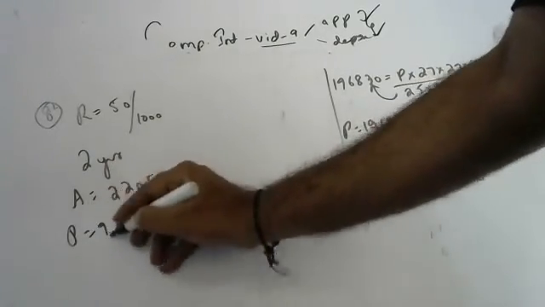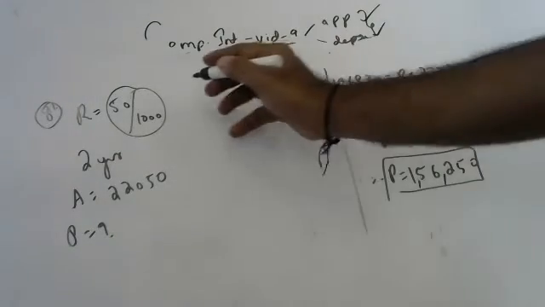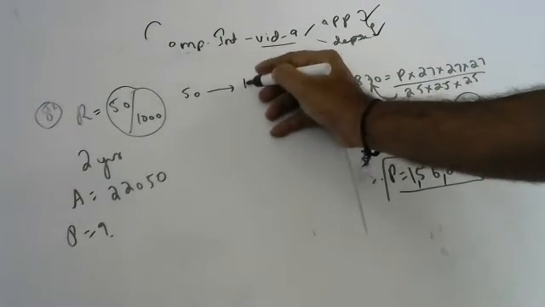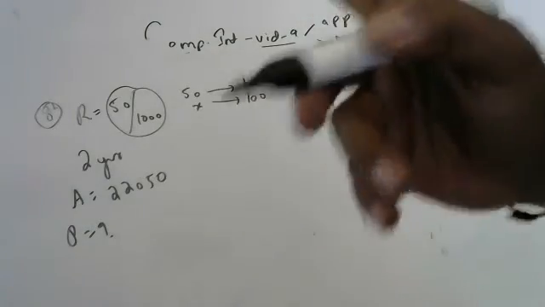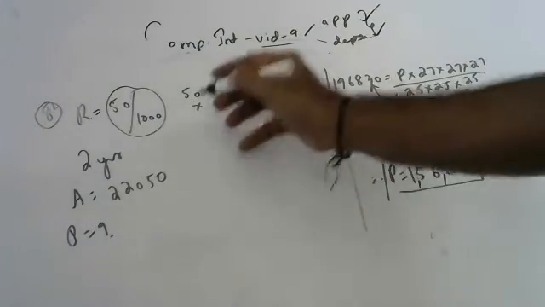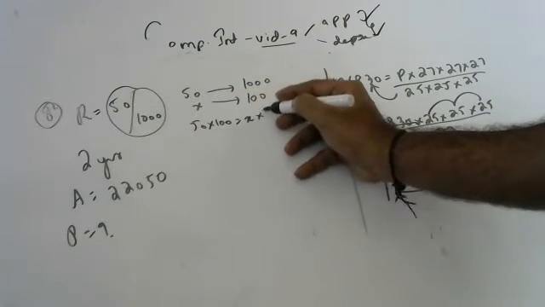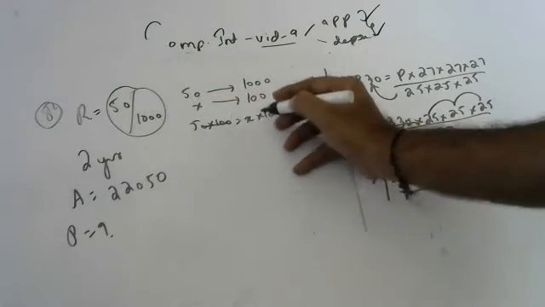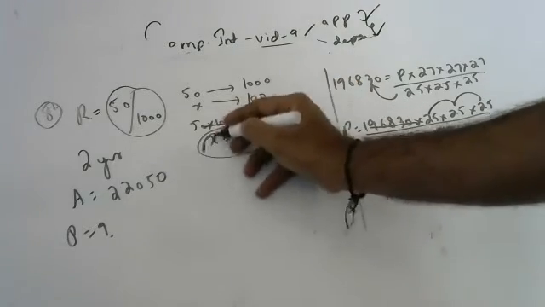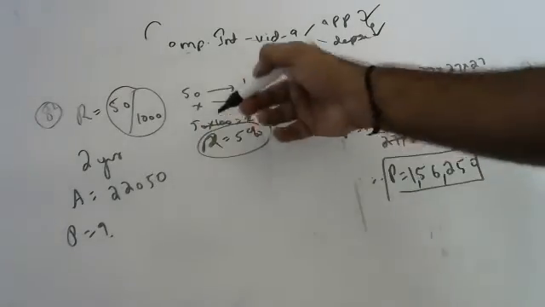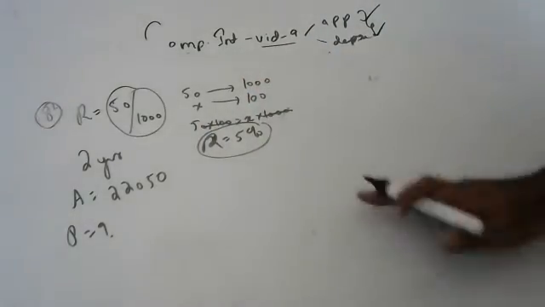What is the present population? 50 per thousand means how much per 100? Rate of interest is per 100. So by cross multiplication, 50 by 1000 into 100, the zero cancels and we get 5%. So 5% is the rate of interest. 50 for 1000 means 5% for 100.